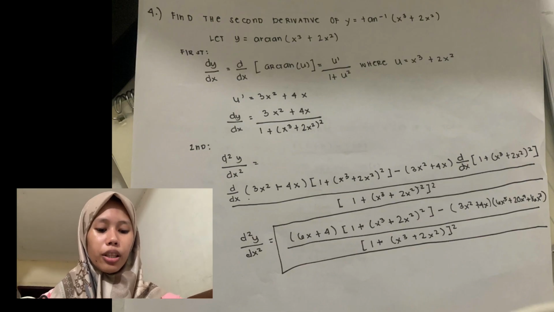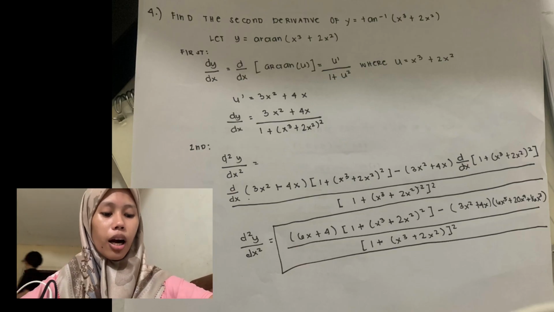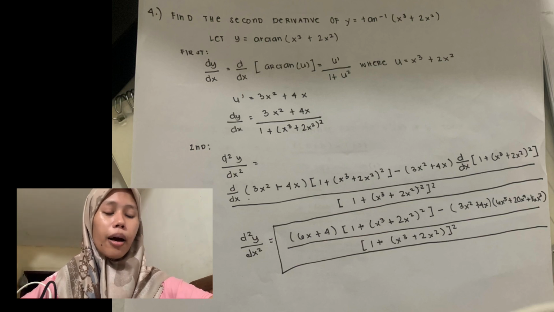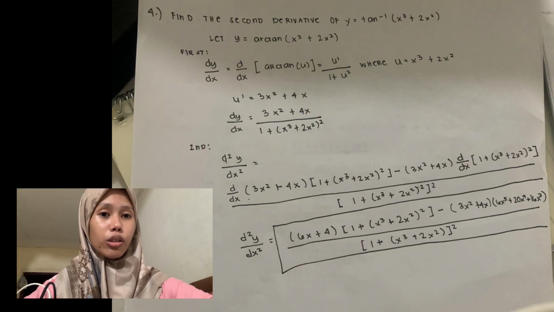So dy over dx equals d over dx of arctan u, which is u prime over 1 plus u squared, where u is equal to x cubed plus 2x squared.